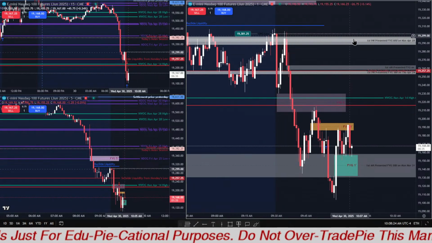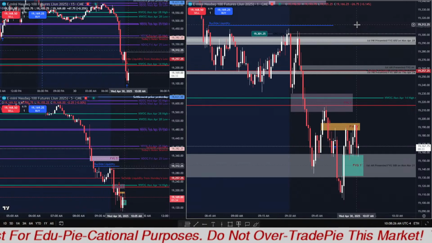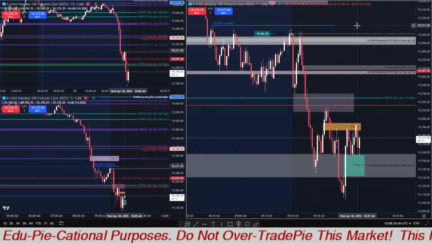I'm waiting for the market to go higher and reach this buy side liquidity over here.